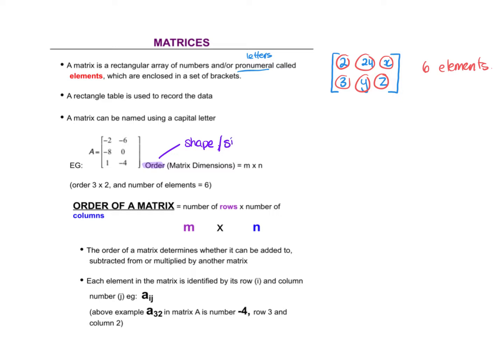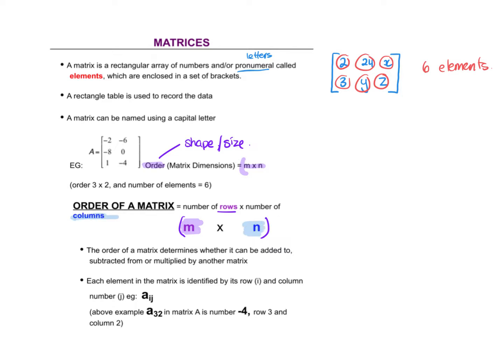We often see it written as a number times a number, and we've summarized it as m times n. The first number you're told is the rows, and the second number in the order is the columns.